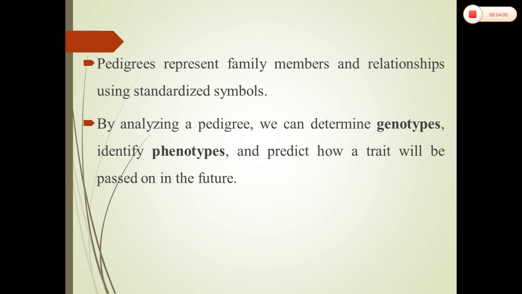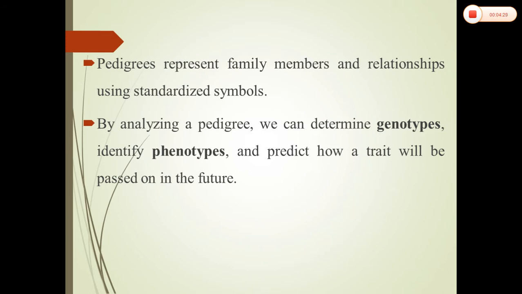So from that, we can determine possible genotypes of parents. In previous lectures, when we studied the inheritance pattern of hemophilia and color blindness, we saw that if we know the possible genotype of parents, we can determine the possibilities of genotypes in the progeny.